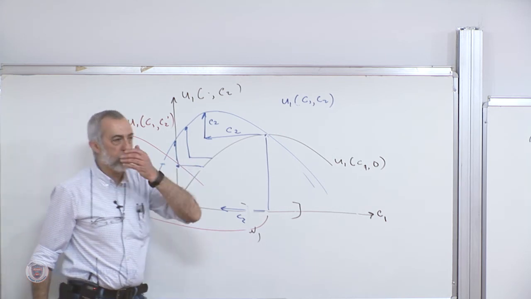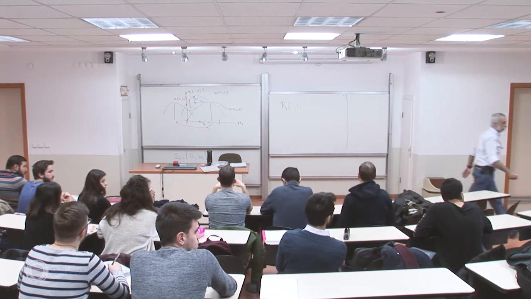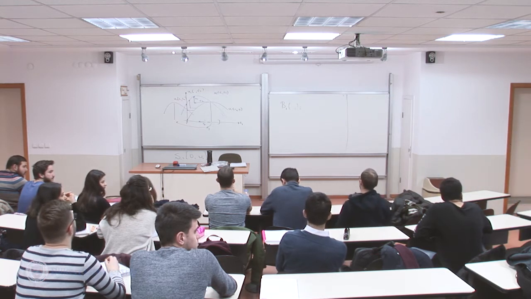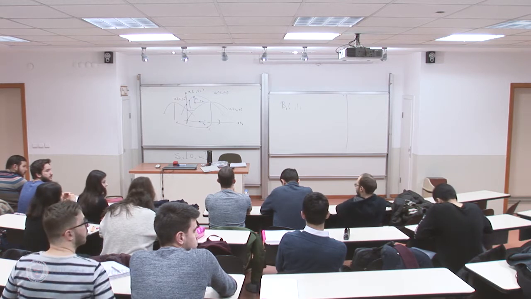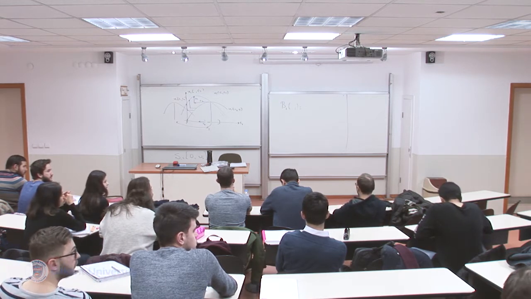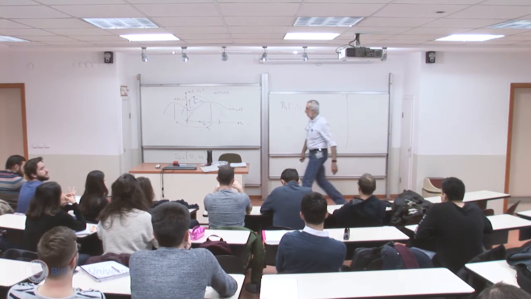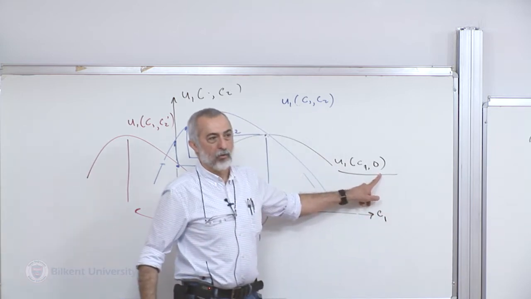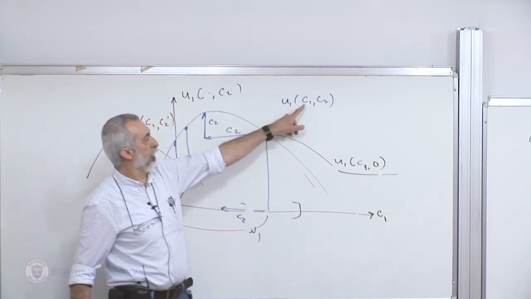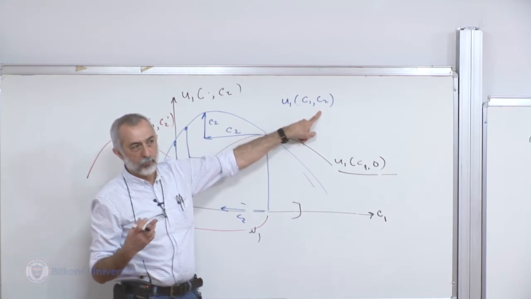Anything else that we can say? Yes? The maximizer must be in the form of a constant minus C2. So find the best response to 0, and you'll find the best response to C2 by shifting it by C2 units, okay?